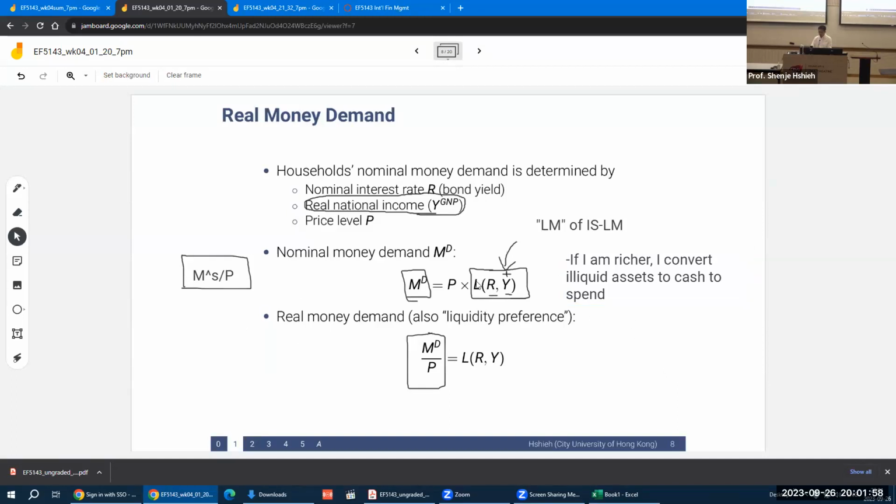All right, and what should the relationship between L and R be? If interest rates are higher, will I demand more or less cash today? Less, right?